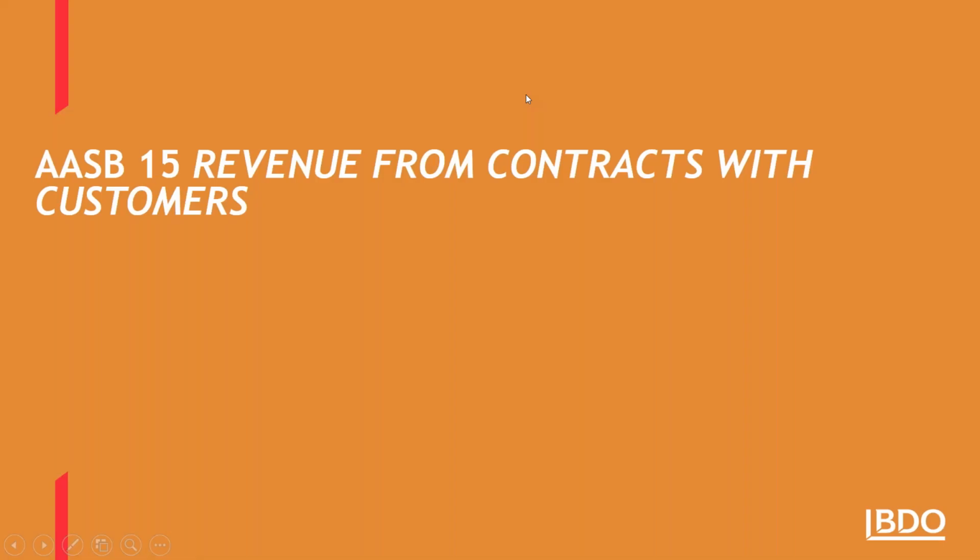So if we start with AASB 15, revenue from contracts with customers. Now, a lot of people ask us, so why do you look at AASB 15 and AASB 1058? And a lot of people, not-for-profit clients, say we would like to make an accounting policy decision to only apply AASB 15 or only apply AASB 1058.